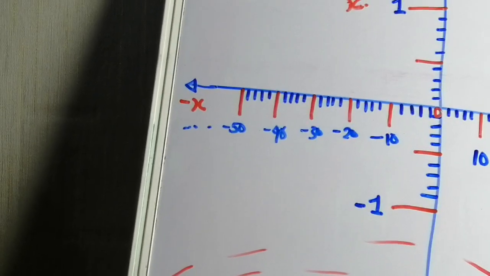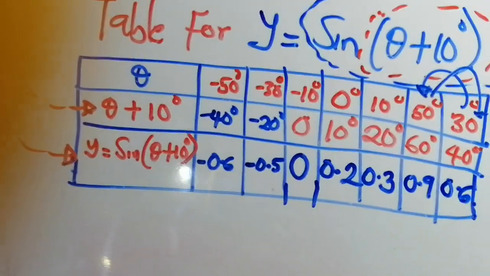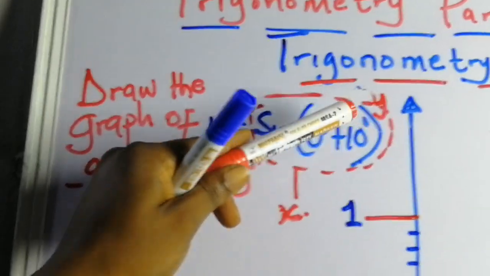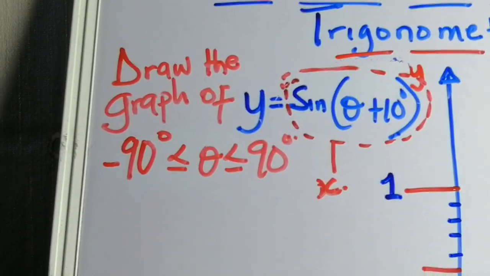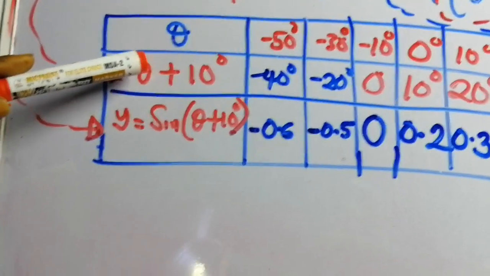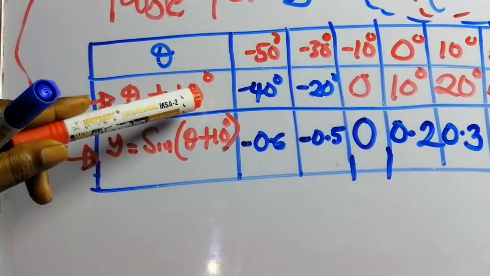So the question you need to ask yourself is about your x-axis. I've told you, all the values you have here, sine theta plus 10 degrees, that is what you have on this table. That's theta, theta plus 10.